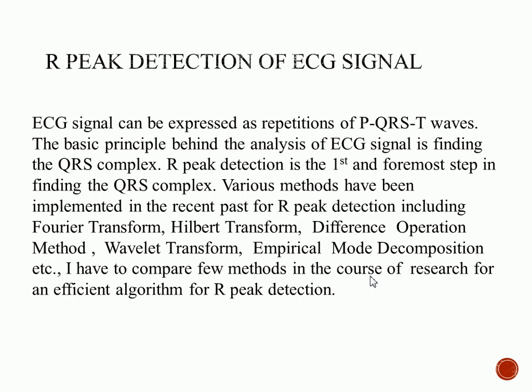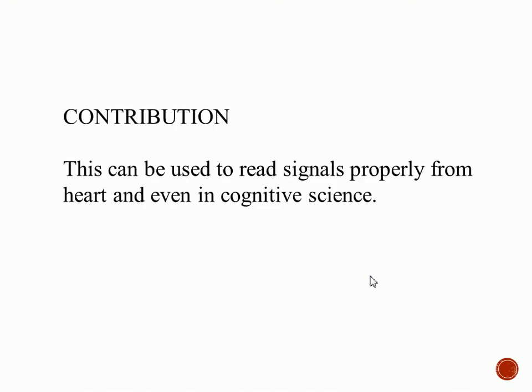For R-peak detection, we are applying the Hilbert transform, difference operation method and wavelet transform, and we compare for different parameters and choose the best one. My contribution to this field is that we can use this to analyze complex signals like heart signals, and we can also use it in cognitive science to study brain functions too. Thank you.